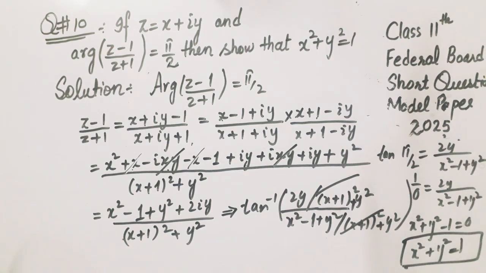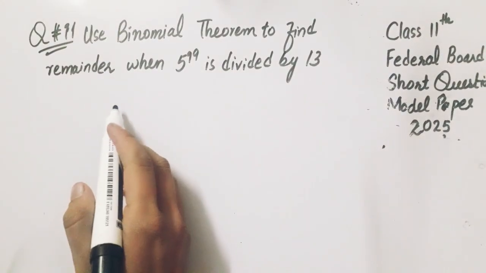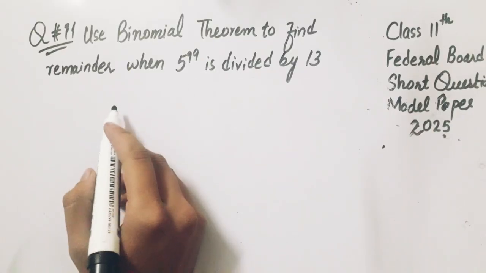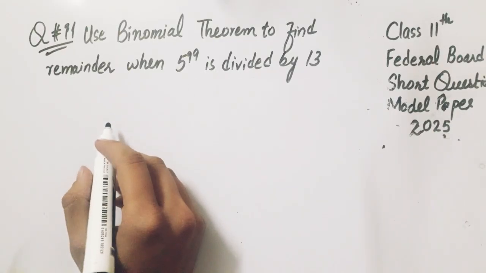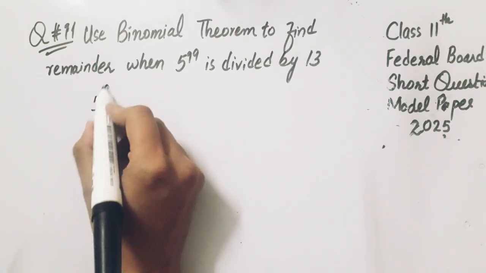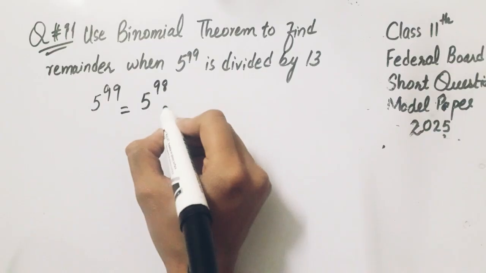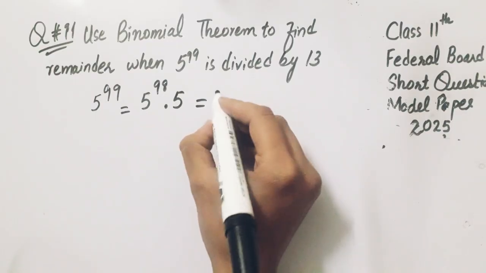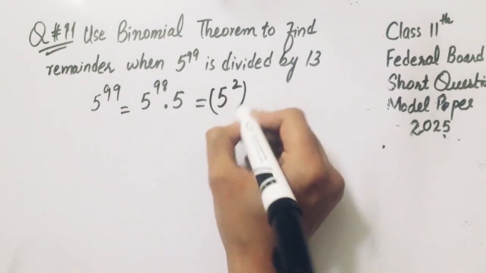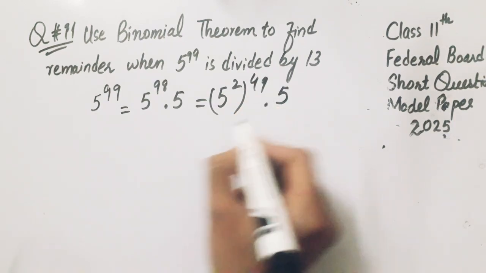Now we will solve question number 11. Question number 11 is: use binomial theorem to find the remainder when 5 raised to power 99 is divided by 13. We will solve this question as, first of all, you will write 5 raised to power 99 as 5 raised to power 98 multiplied by 5, and 5 raised to power 98 can be written as 5 square to the power 49, multiplied by 5.